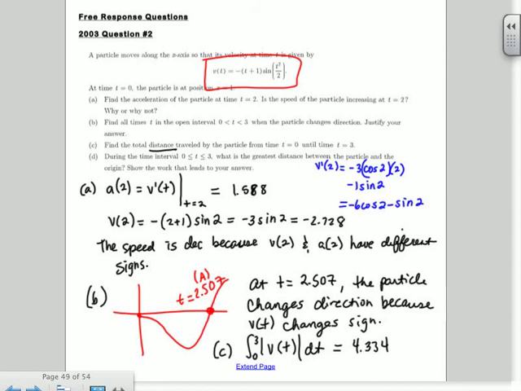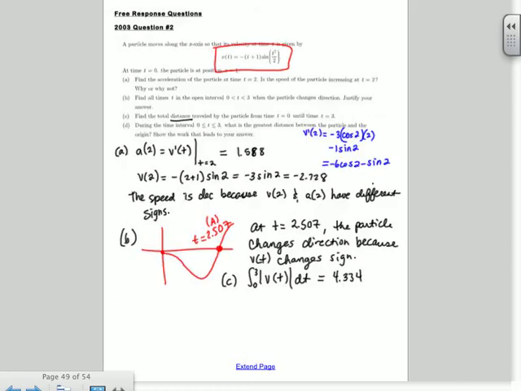Okay, I did leave something out though, I'm realizing. Anybody have any ideas? This isn't actually the correct answer. What did I leave out? Where did I originally start? You started at 1.